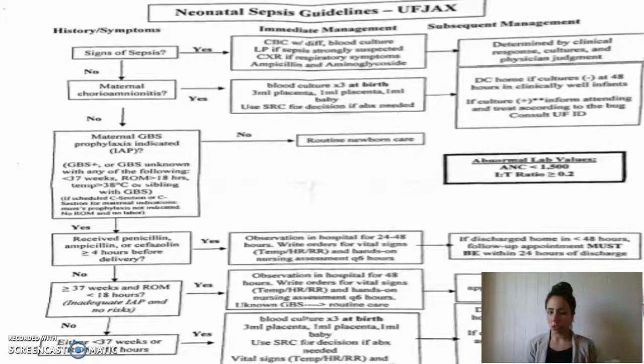But in general, you're going to give antibiotics if the baby is showing signs of being septic. If the mother had maternal chorioamnionitis, you're going to send the blood cultures and you're going to use the sepsis risk calculator for the decision on whether or not to begin antibiotics at this time.